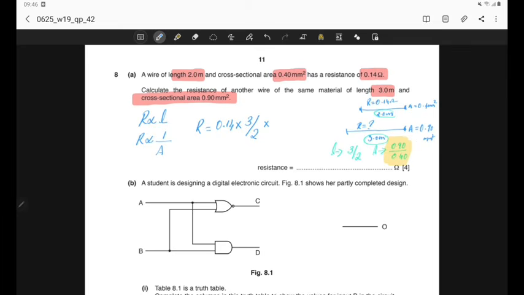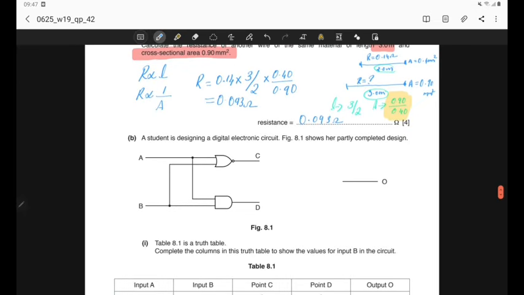So inverse of 0.90 over 0.40 will be 0.40 over 0.90. Answer is 0.093 ohm. So we can write 0.093 ohm is the new resistance. Here the resistance has reduced as the area of cross section has changed more.